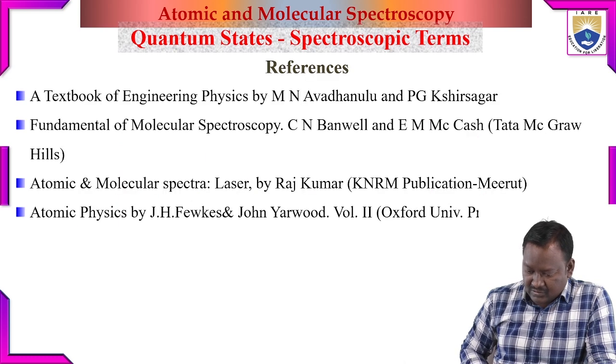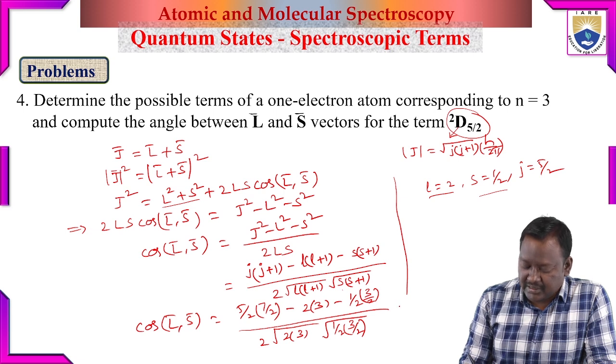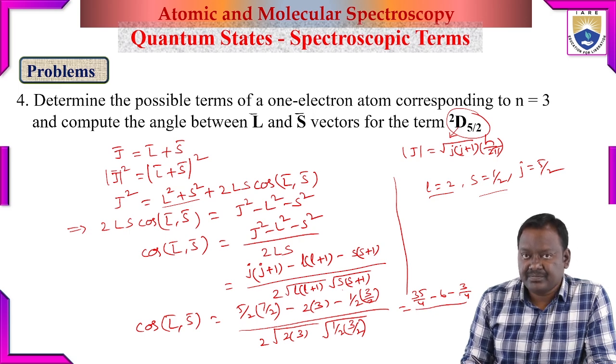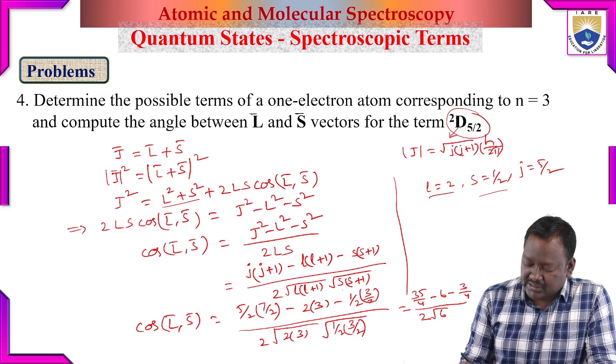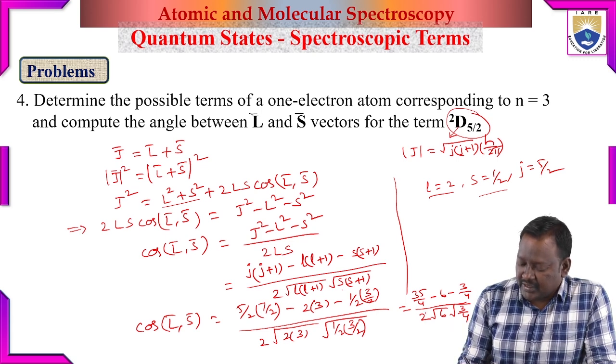If we calculate this value: 35 by 4 minus 6 minus 3 by 4, divided by 2 into root 6 into root 3 by 4. Maybe we can cancel these two terms.